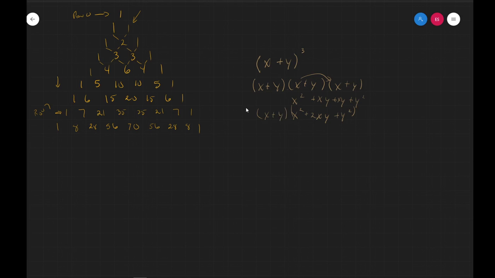So if we take x times x squared, that gives us x cubed. X times 2xy gives us plus 2x squared y. Y times 2xy gives us plus 2xy squared. And then y times y squared gives us y cubed.